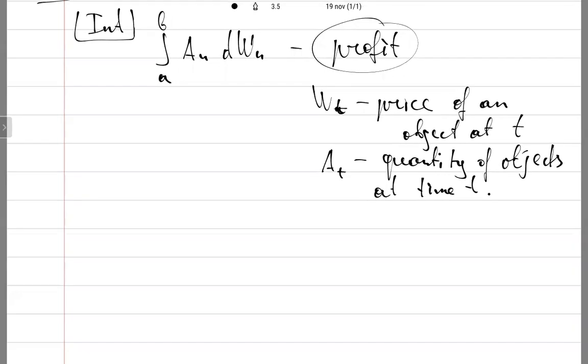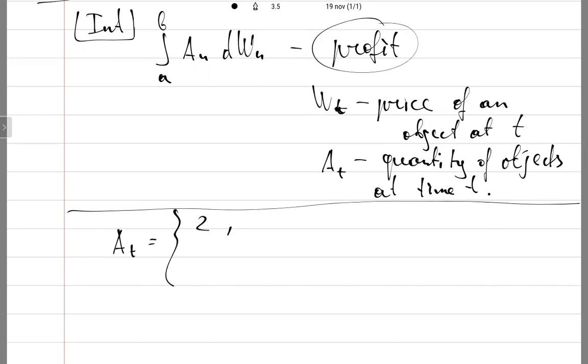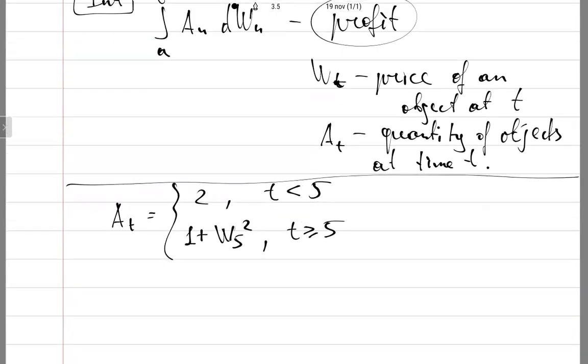Let's go back and consider one more example. A_t is described as 2 if t is less than 5, and as 1 plus W_5 squared if t is greater than 5.